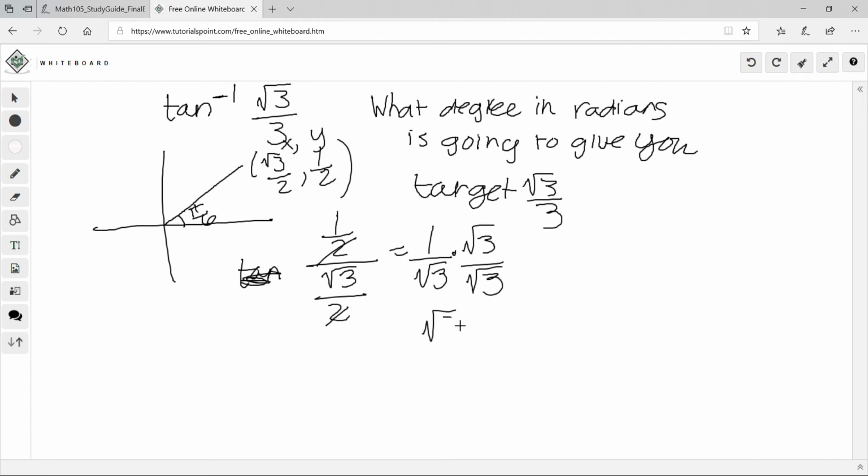So you get square root of 3 over 3. So pi 6 works. I don't think we can use quadrant 2 because it's going to give us a negative. So yeah, we'll just use pi 6.